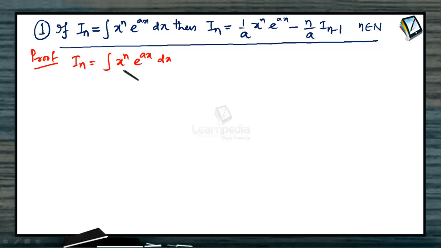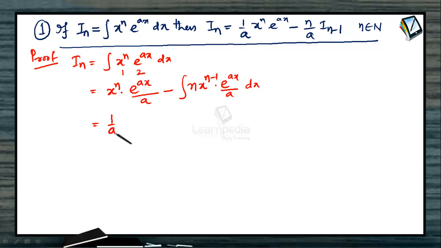Obviously, we'll take x to the power n as the first function and e to the power ax as the second. Then it is x to the power n times the integral of e to the power ax, which is e to the power ax by a, minus the integral of the derivative of x to the power n, which is n into x to the power n minus 1, into e to the power ax by a, dx. Thus it becomes 1 by a times x to the power n into e to the power ax, minus n by a into the integral of x to the power n minus 1 into e to the power ax dx.